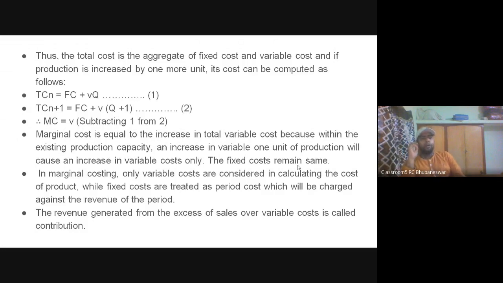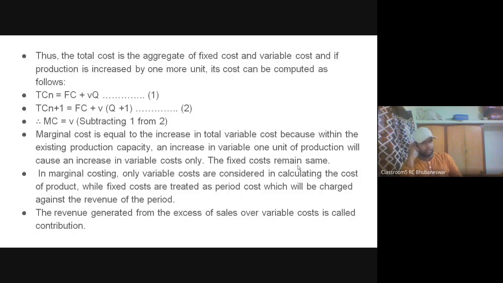Next, marginal cost is equal to the increase in total variable cost, because within the existing production capacity, an increase of 1 unit of production will cause an increase in the variable cost only. As the total cost is a combination of both fixed and variable parts, when we change the production by 1 unit, only the variable cost will increase, not the fixed part.